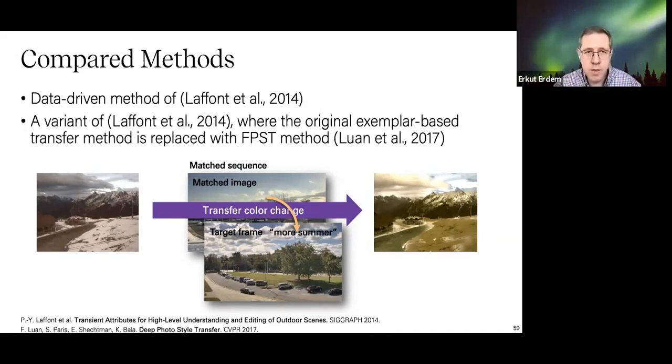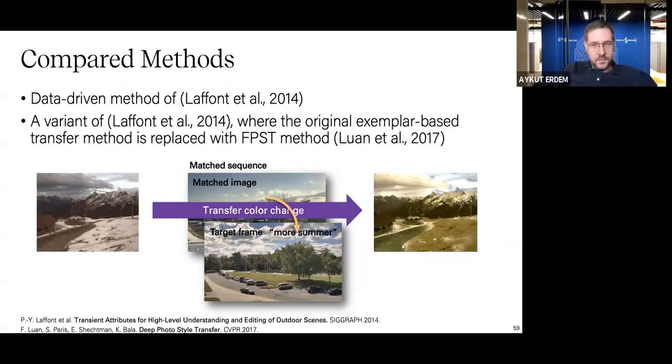So if I summarize how this method works, for a given image, it tries to find the best sequence that contains a similar kind of structure, and then it finds the version of the retrieved sequence under the target attributes, and then it performs a standard local color transfer operation.